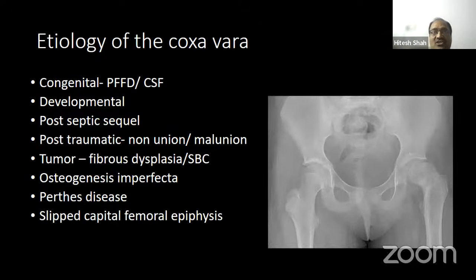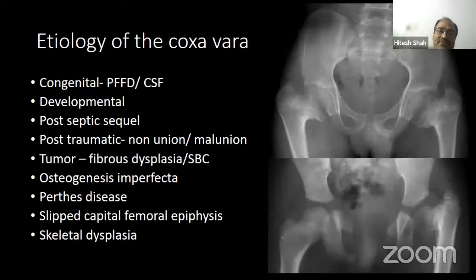In the adolescent age group, we have adolescent coxa vara, which is nothing other than slipped capital femoral epiphysis. Whenever an obese child has primary or secondary causes of proximal femur geometry disturbance in adolescence, that can lead to slipped capital femoral epiphysis, and that can result in coxa vara.